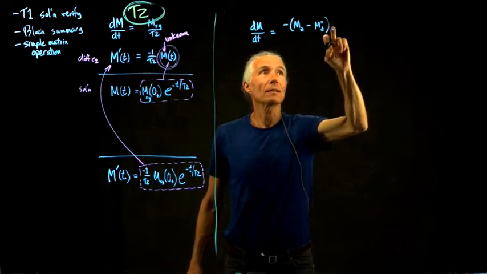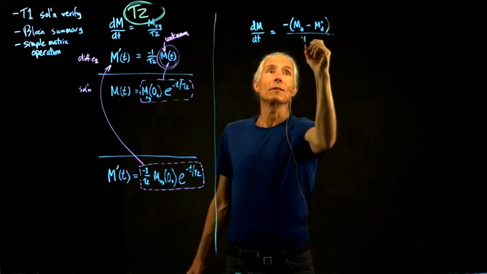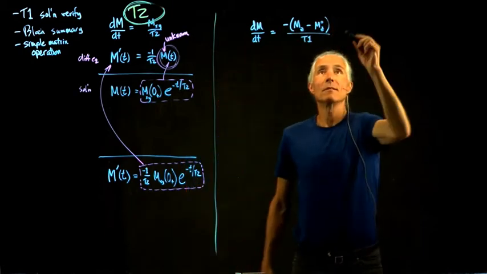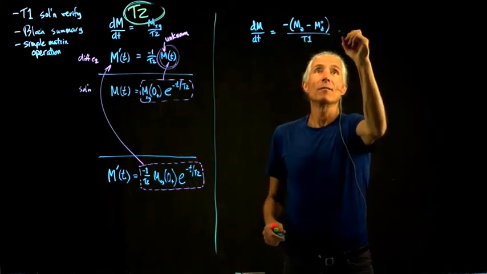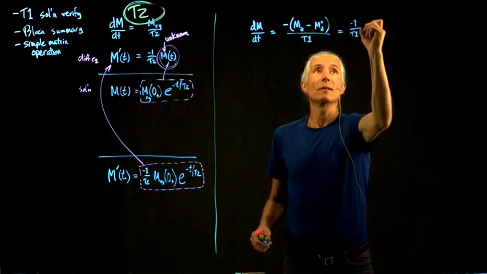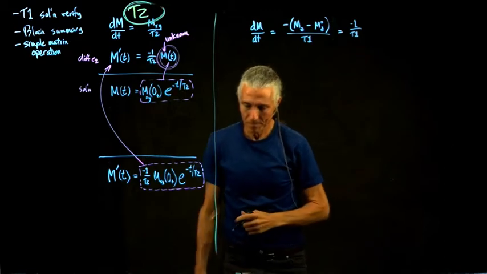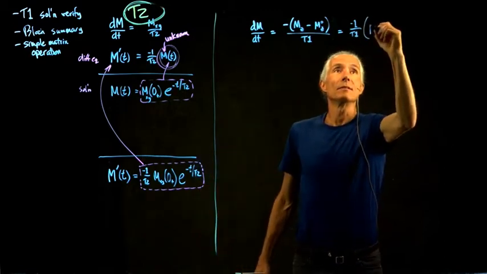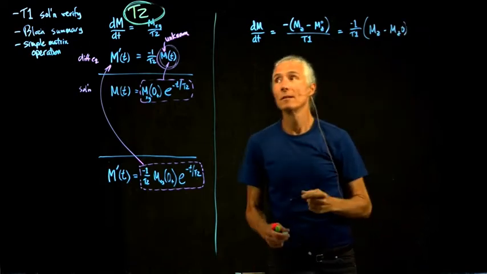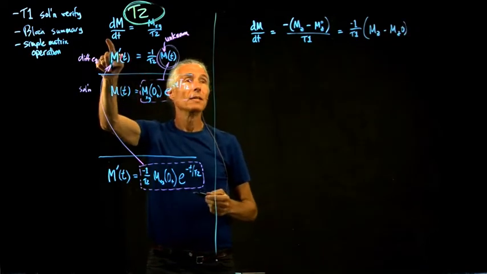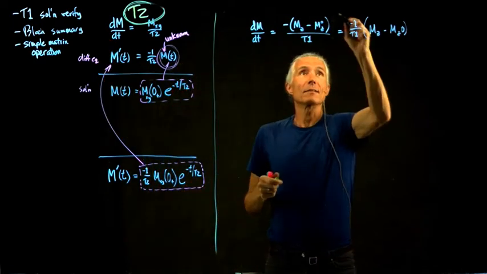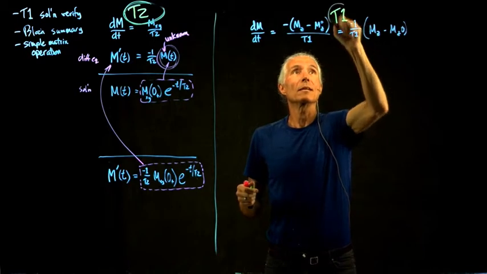I'll leave out the vector. We could rewrite that to make it more like we have over here: minus 1 over T1 times Mz minus Mz0. The equivalent expression is a little more complicated. So this is the T1 case.